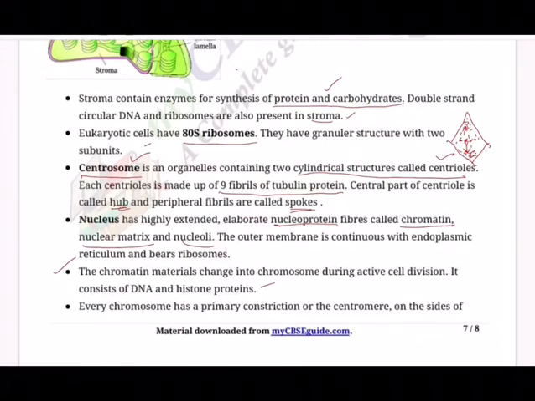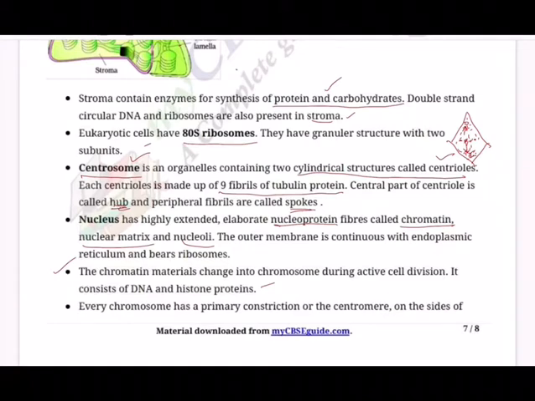One is the nuclear envelope consisting of 2 unit membranes, and the second one is the nuclear matrix. That nuclear matrix is the network of fibrils that functions as a scaffold for chromatin, and of course the nucleoplasm, the clear fluid containing substances for nucleotide synthesis, and of course the all-important nucleolus.